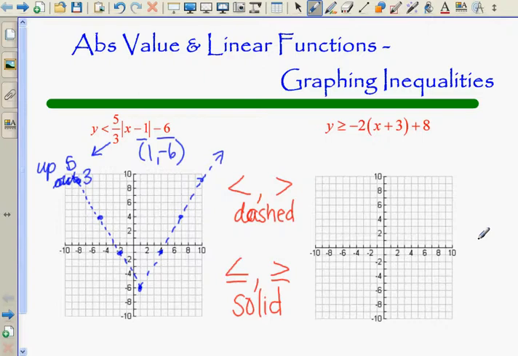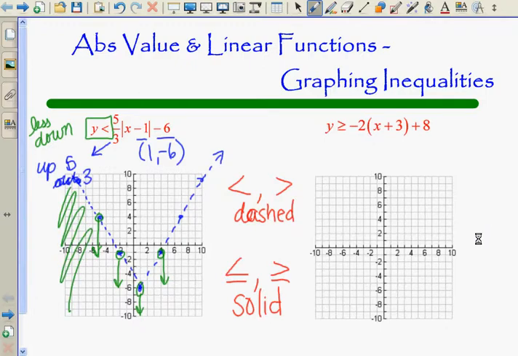However, I do need to do some shading. Now, since it says that y is less than, if you're thinking about y, the y-axis goes up and down, less would imply down. So one of the ways that I like to do this to make sure that I don't mess up is to circle a couple of points and then go whichever direction that we decided to go. And we said less means down. So I'm just going to highlight down on a couple of these points just to remind myself.